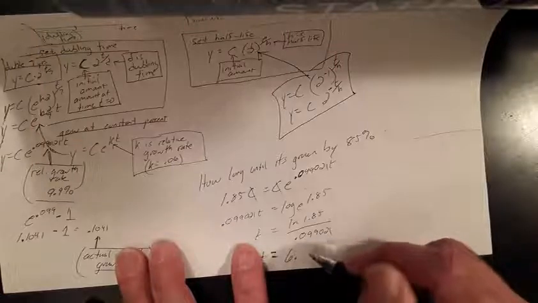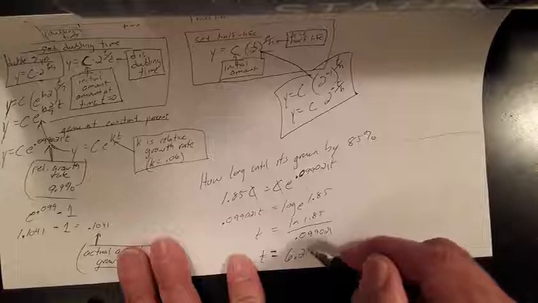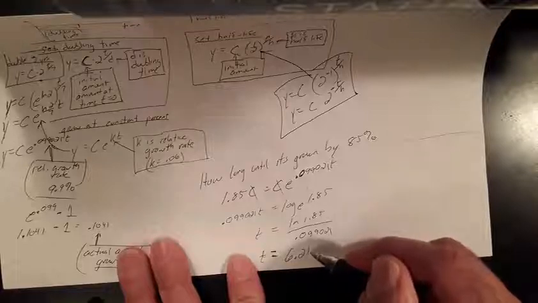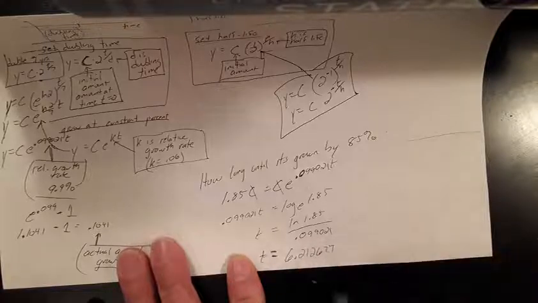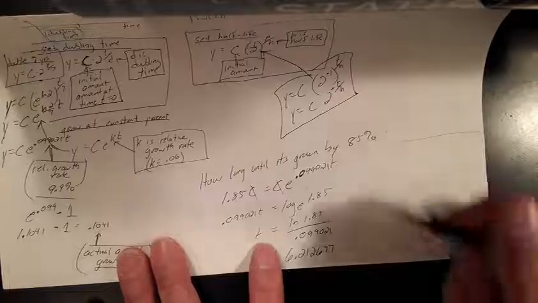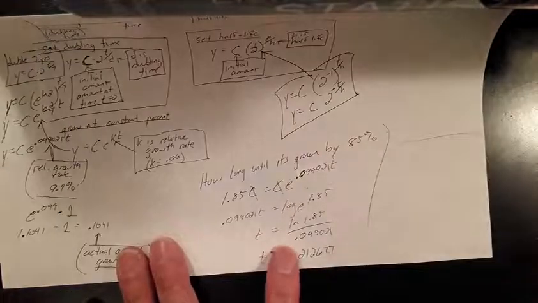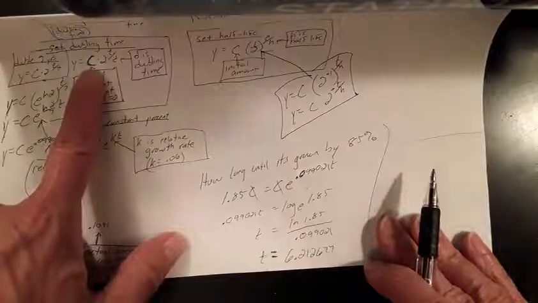Here, let's go a few more decimal places because I want to do this in a different way in a moment. 6.212677 to 6 decimal places. Because I want you to realize that you could have done this with this one up here with the base 2. And it would have actually been easier.